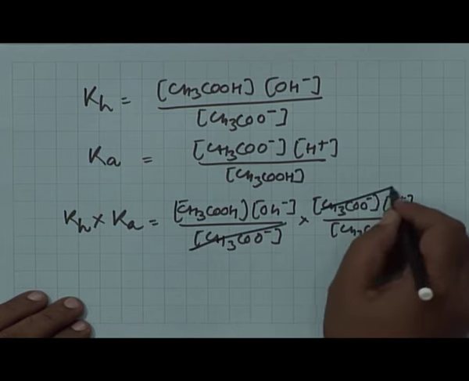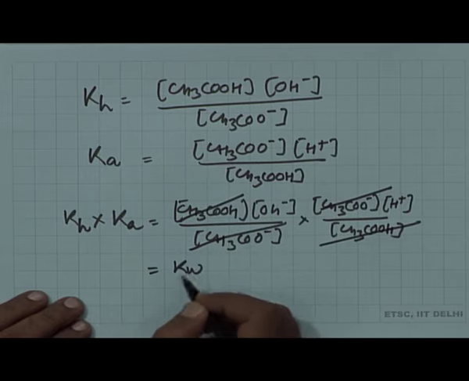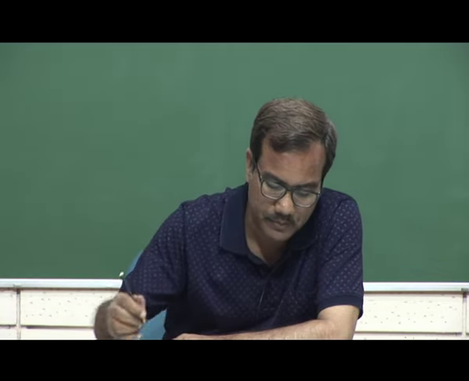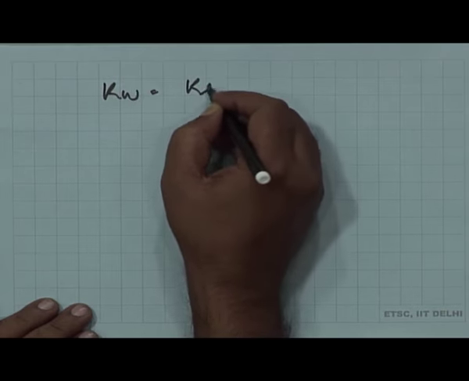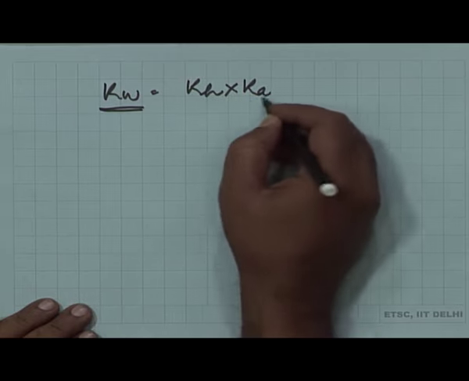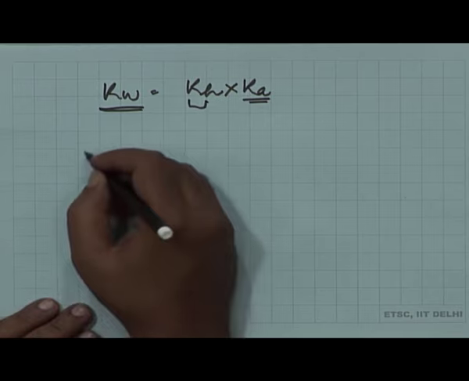So, this cancels out, this cancels out, and this is simply equal to Kw. So, Kw is equal to Kh into Ka. We know Kw, we know Ka, so we can calculate Kh.